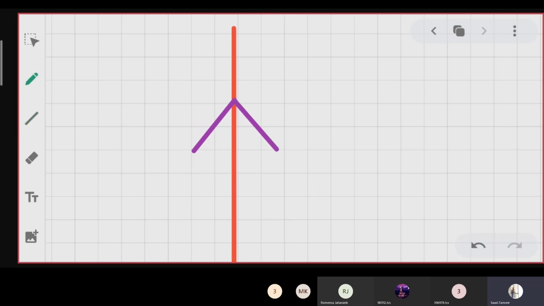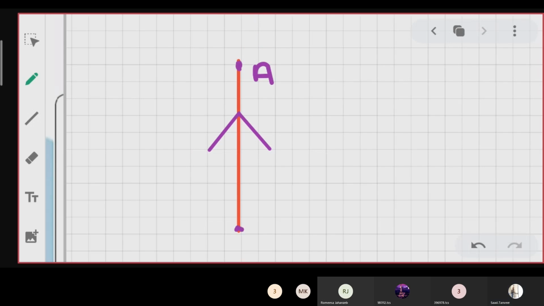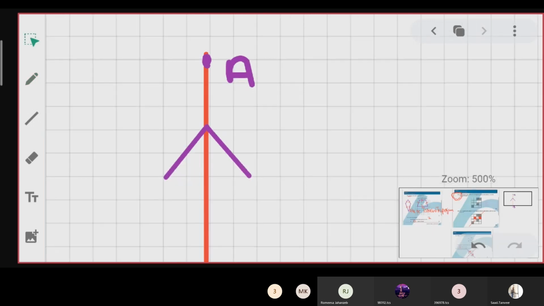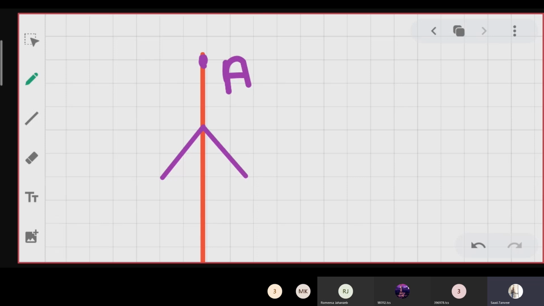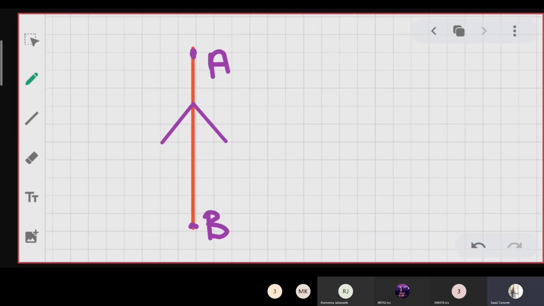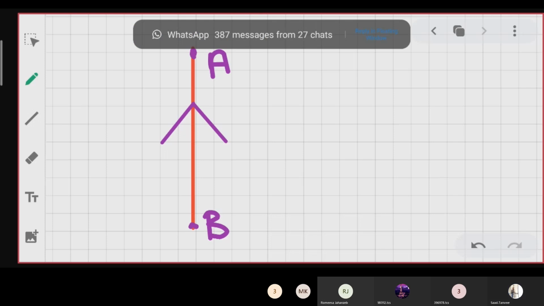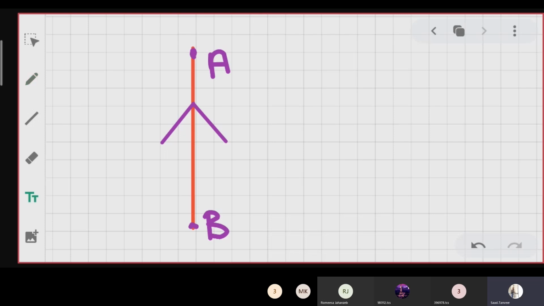Okay. अच्छा, this is your point A. This is your point B. Point A and point B. अच्छा एक दफा एग्जामिनर ने आपको कंडीशन क्या दी? Examiner gives you the condition, complete the following shape.